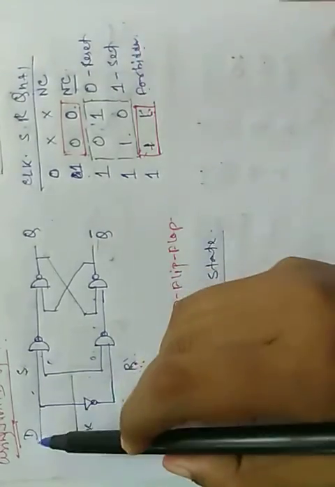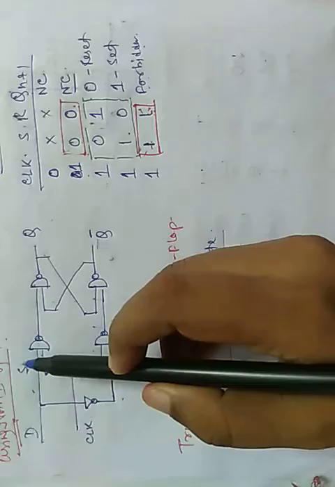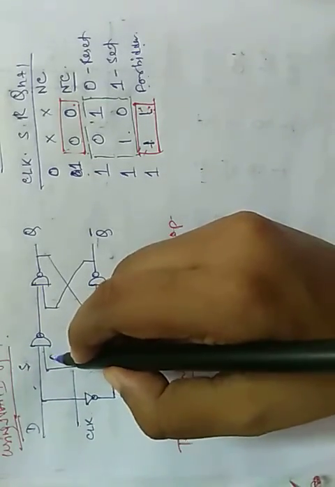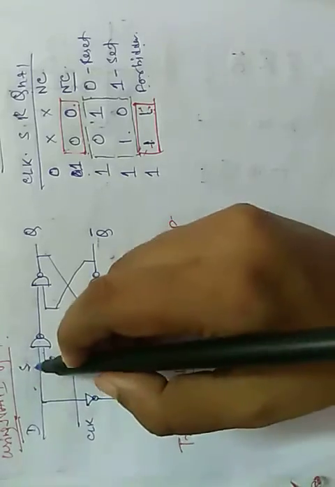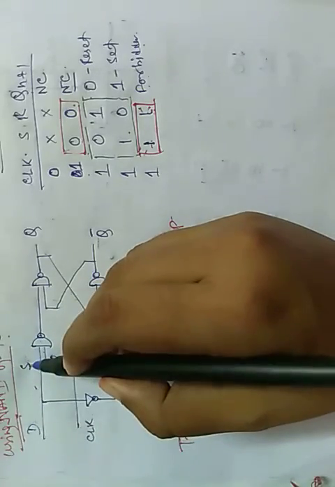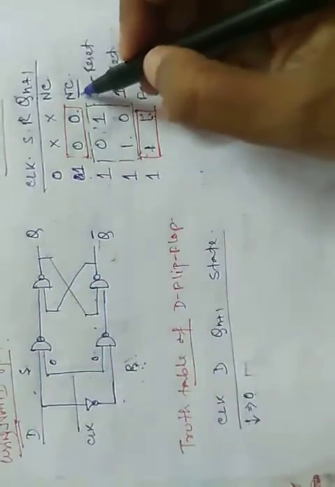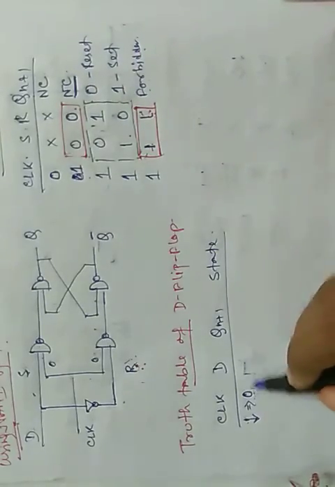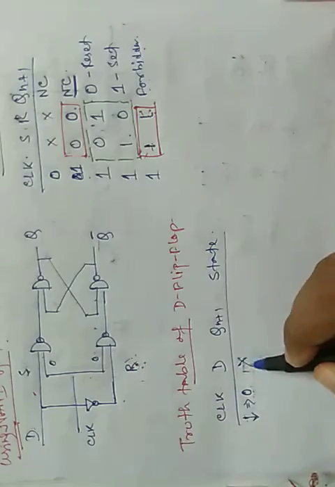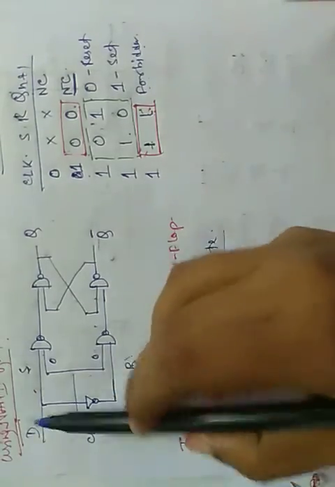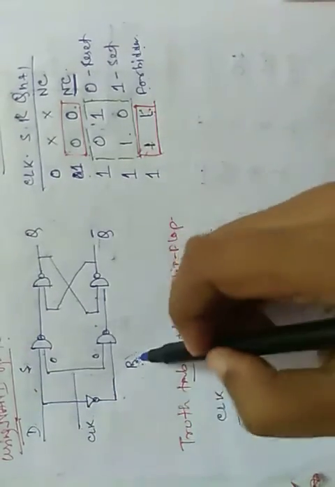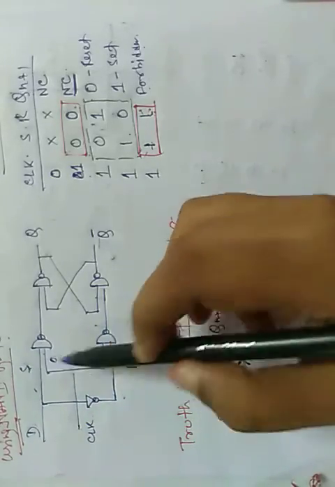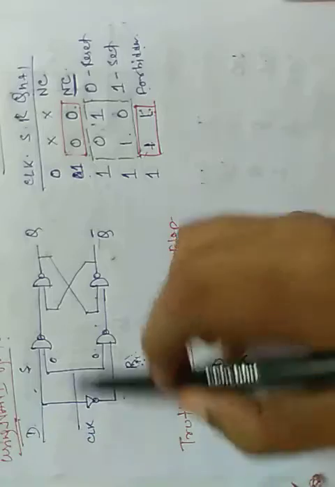If D is 0, S is 0, R is 1, but as clock is 0, whatever be the value of D, the output is always no change. If D is 0, S is 0, R is 1; if D is 1, S is 1, R is 0. So it is not considered when clock is 0.